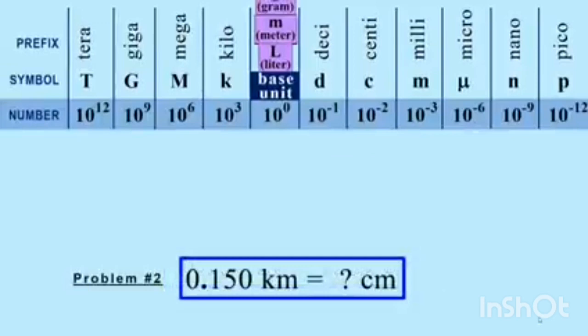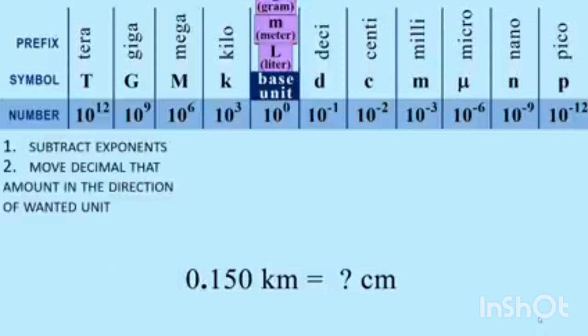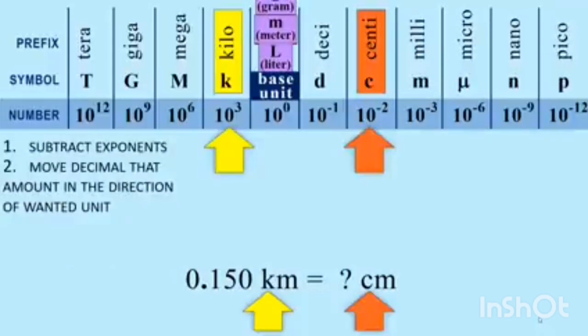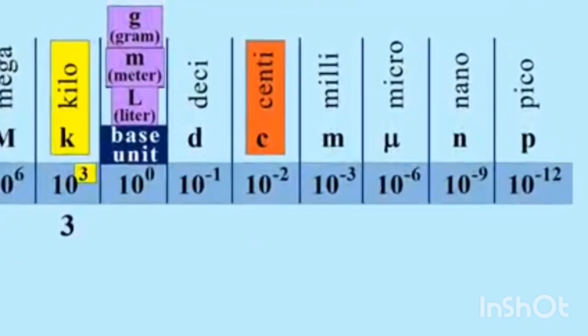Next problem, 0.150 kilometers is equal to how many centimeters? Using the same 2 steps, we see that we are starting with kilo and want to get to centi. Exponent for kilo is 3 and for centi is negative 2.